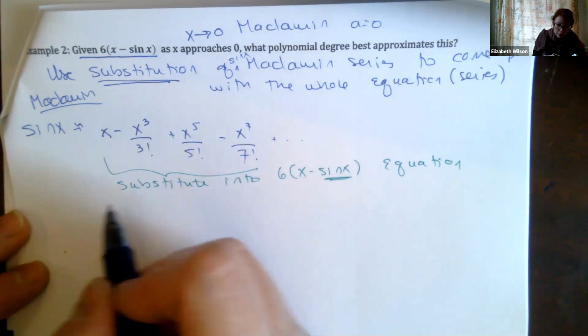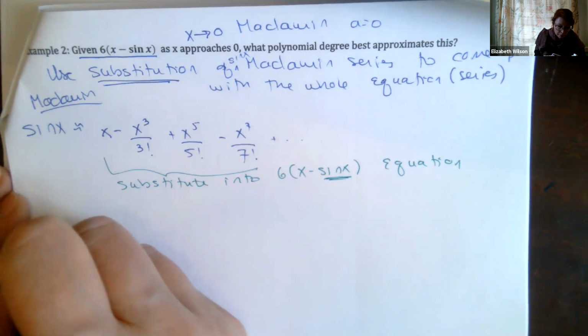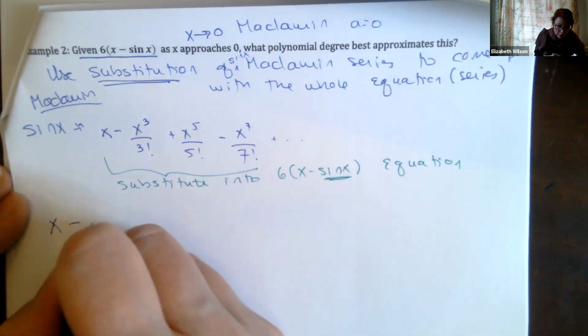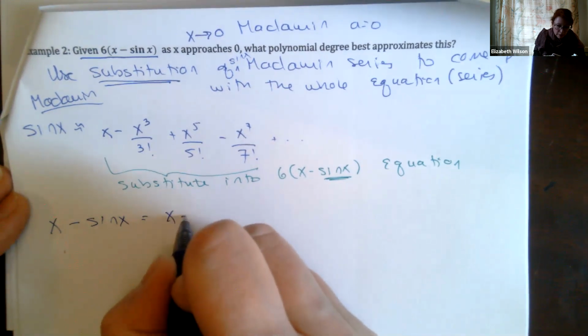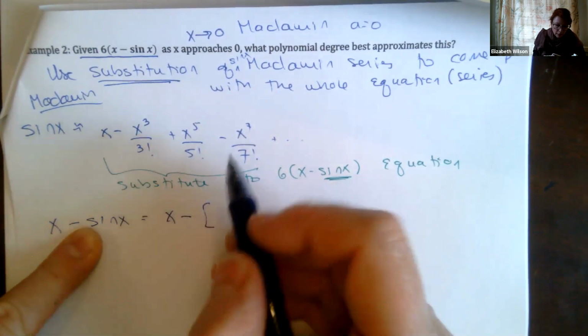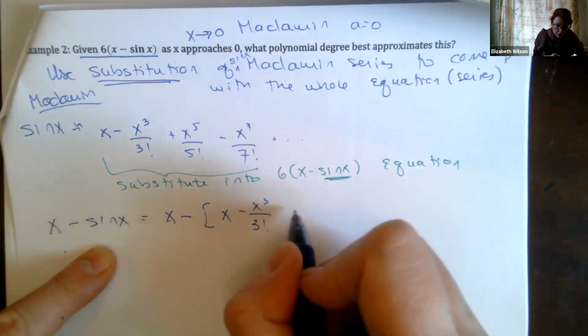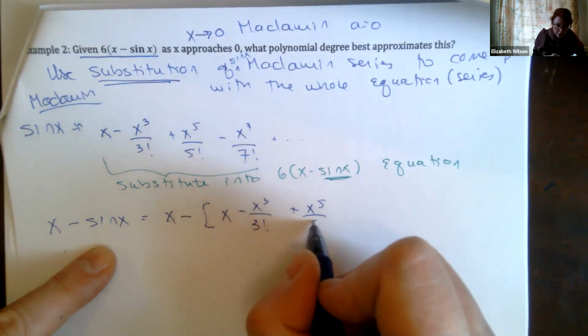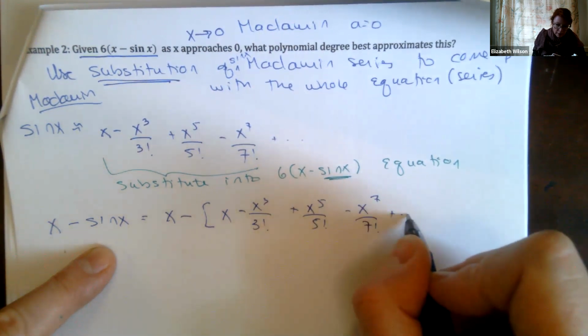I'm going to do it in pieces. x minus the sine of x is going to look like x minus, and I'm going to substitute in x minus x cubed over 3 factorial plus x to the 5th over 5 factorial minus x to the 7th over 7 factorial, and it goes on like that.